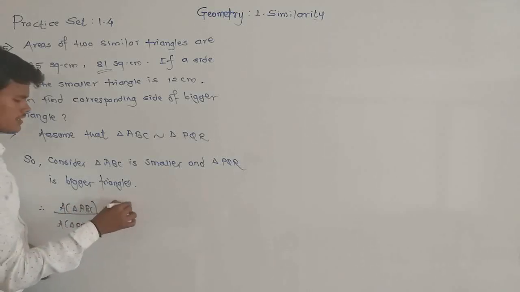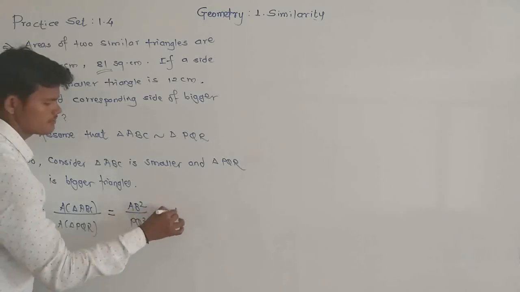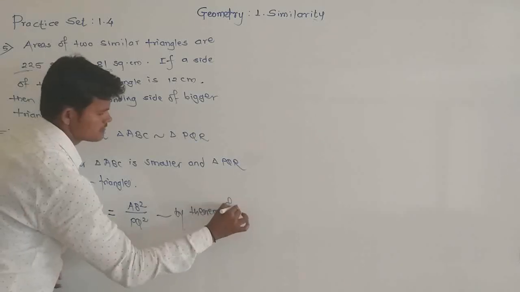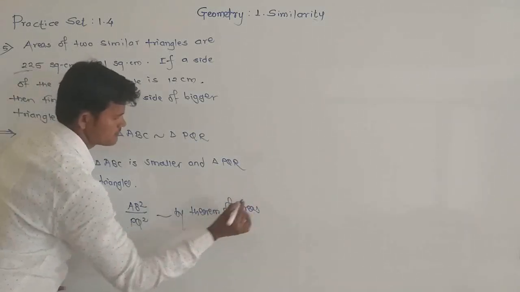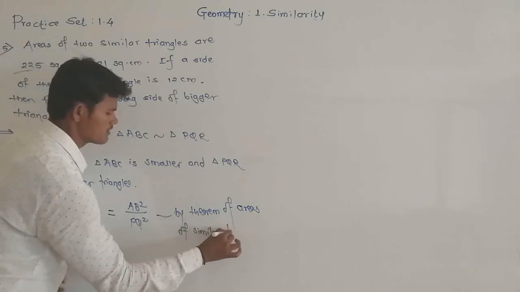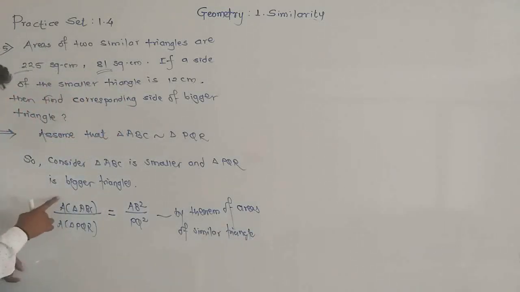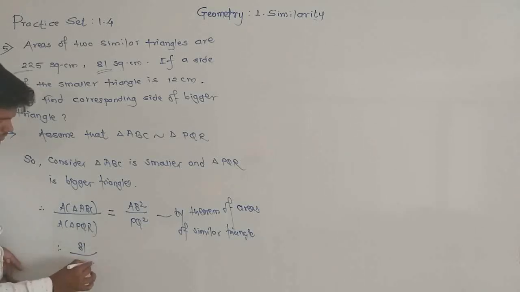So take their ratio, that is AB square upon PQ square, by the theorem of areas of similar triangles.